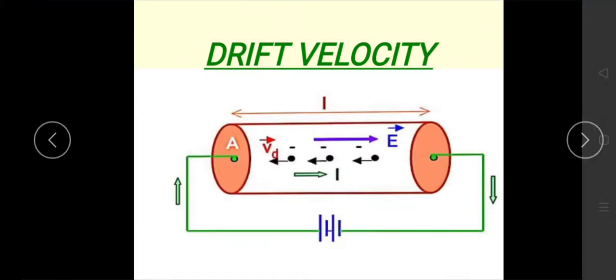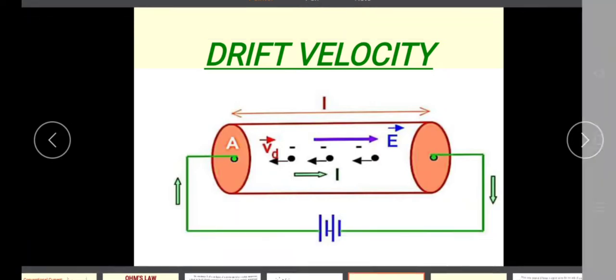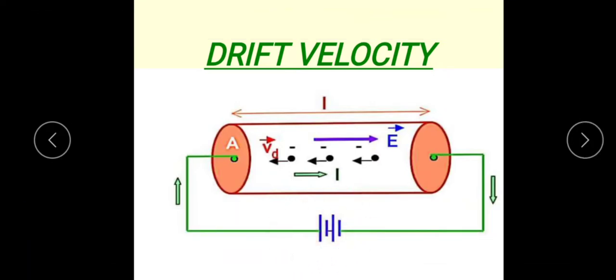According to this, let us consider a conductor. This is the conductor, and there are two free ends here. One end of the conductor is connected to the positive terminal, another end is connected to the negative terminal. Inside the conductor, there are so many free electrons available. In the absence of electric field, if you are not applying the potential, these free electrons move in random directions. Once a potential difference is applied, this end acts like a positive end and this end acts like a negative terminal.